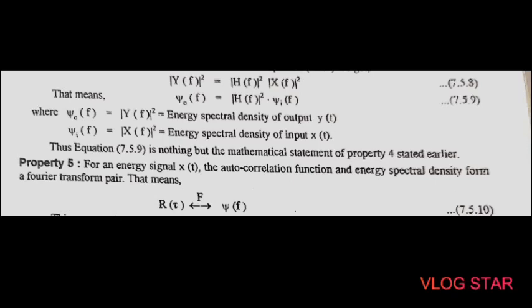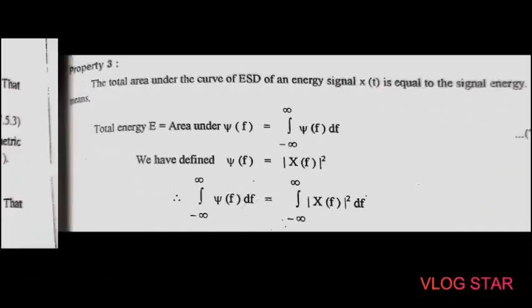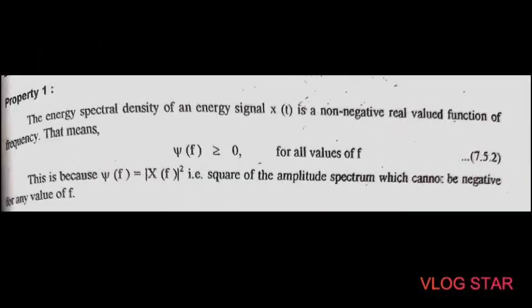There are a total of 5 properties of the energy spectral density. The first is that the energy spectral density of an energy signal x of t is a non-negative real valued function of frequency. That means psi of f is greater than or equal to 0 for all values of f.